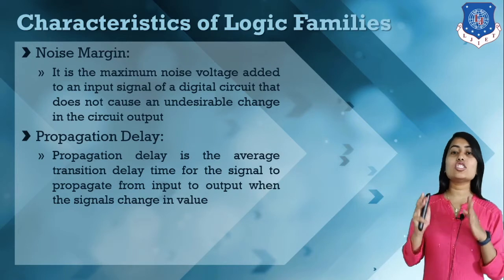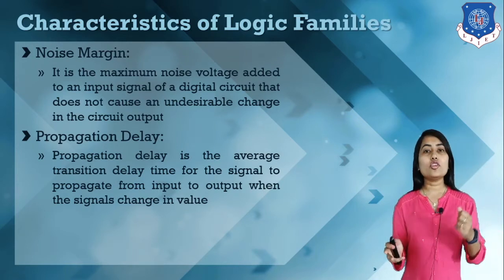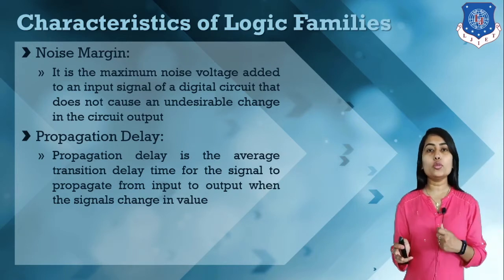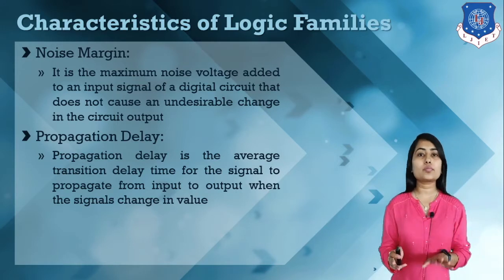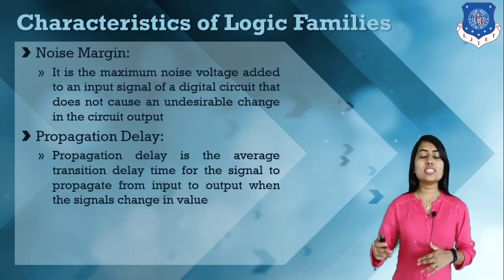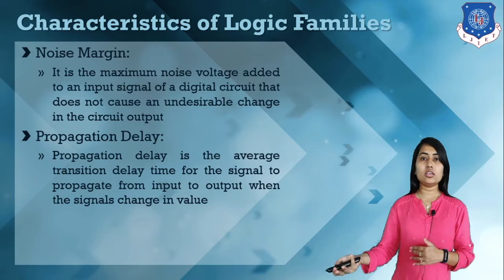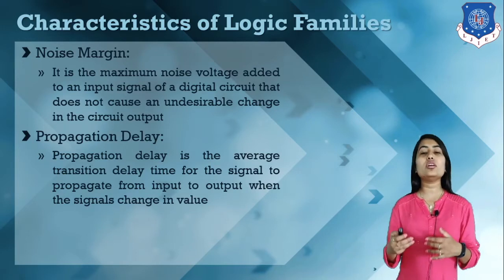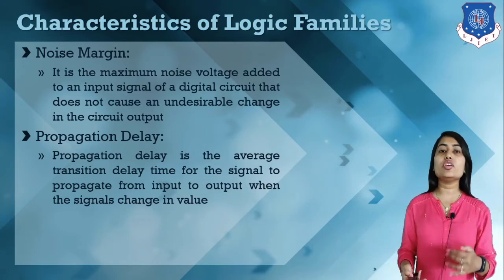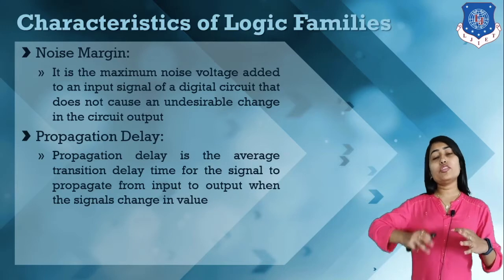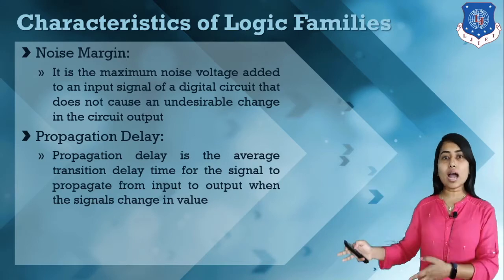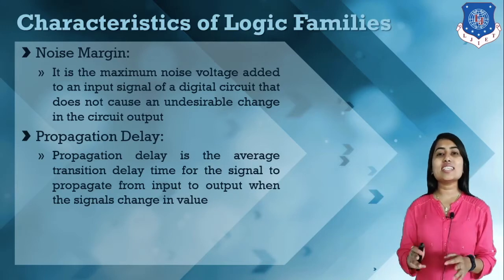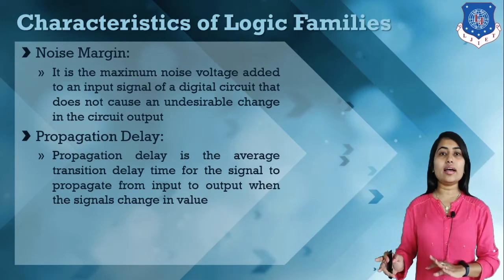If the output is produced as soon as the inputs are applied, the circuit is quite good. If a circuit produces outputs only after some time, it is not as good as other circuits.